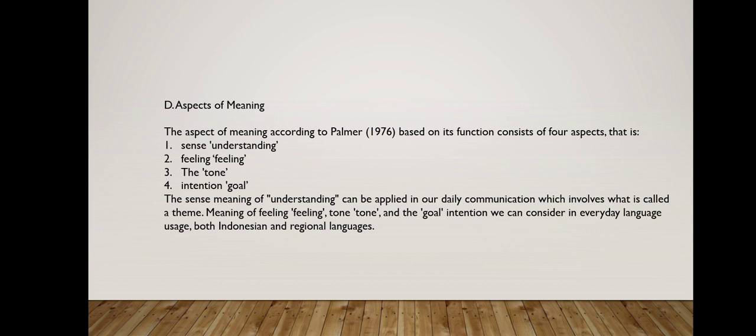Intention, goal. The sense meaning of understanding can apply in our daily communication, which includes what is called a theme. Meaning of feeling, tone, and intention, we can consider in everyday language usage, both Indonesian and regional languages.